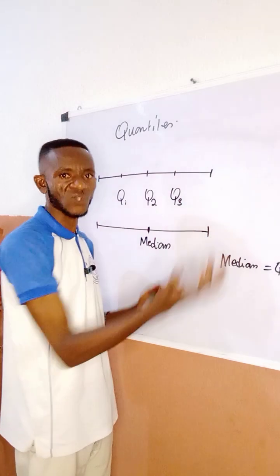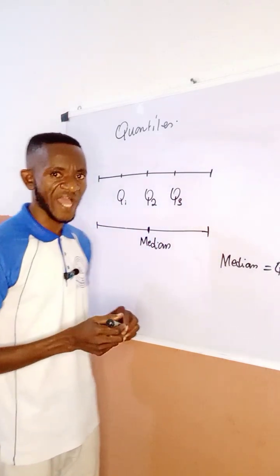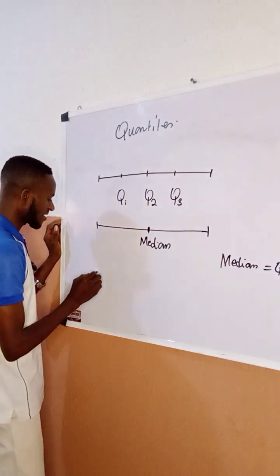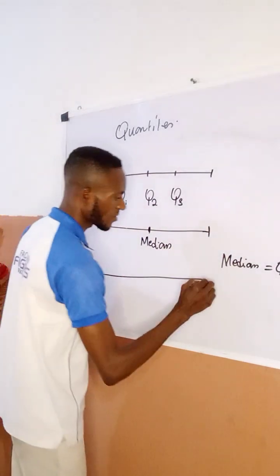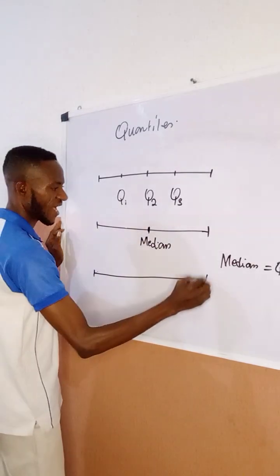How do we see that picture clearer from these illustrations? Let us consider another line, which runs from here to here, the same as this line I've drawn before.